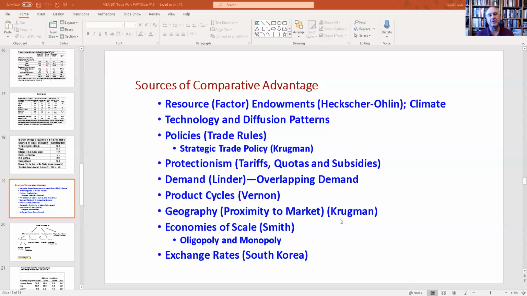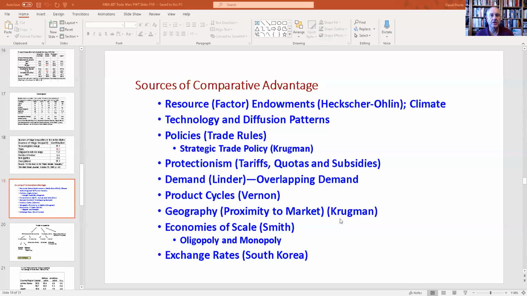Vernon came up with the idea of product cycles. So there's a lot of complexities in this, in that we often think of goods as having one set of characteristics throughout their life cycle, but we can also think of them as having different characteristics. So in the 1960s, an economist by the name of Wassily Leontief found that the content of US imports had a higher capital content than our exports. And that's a conundrum if you think about the Heckscher-Ohlin model.